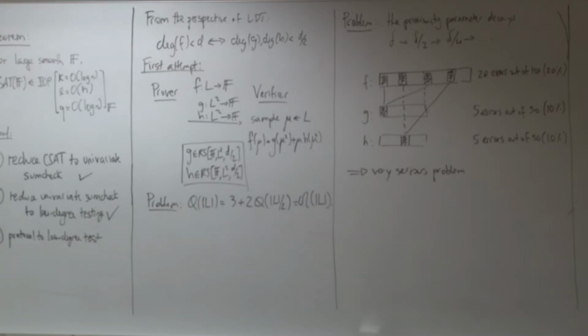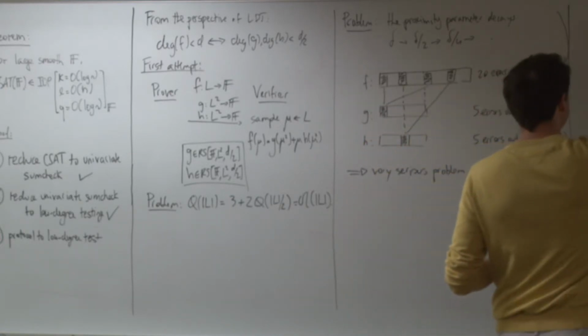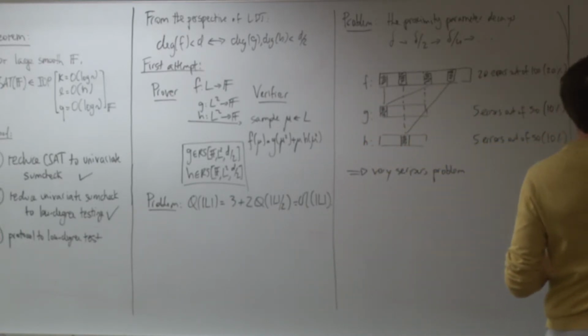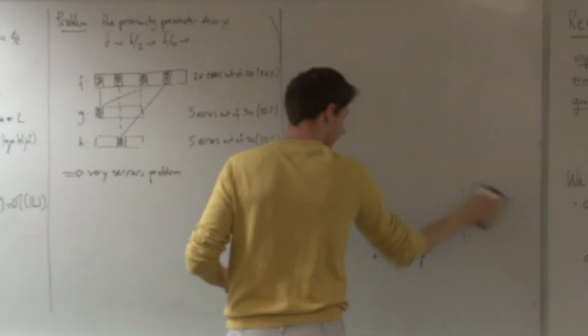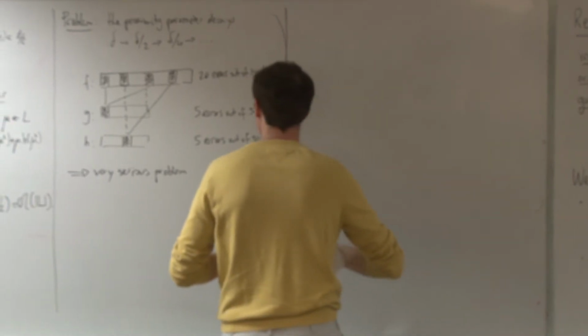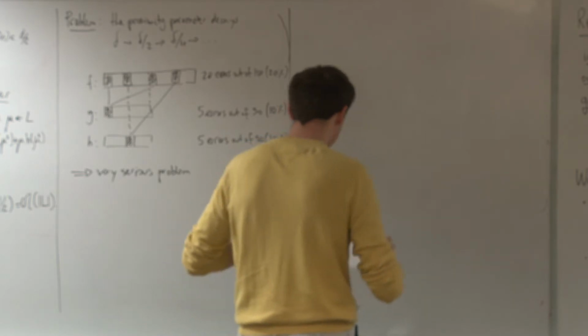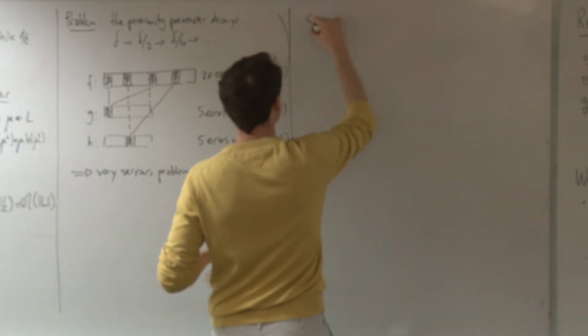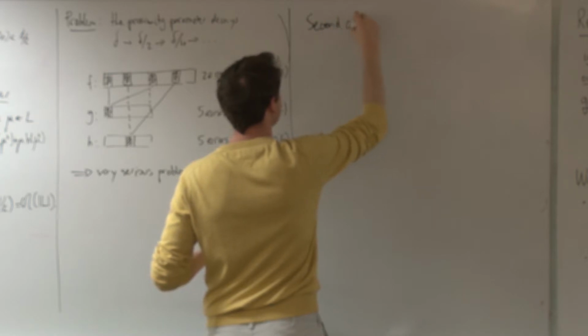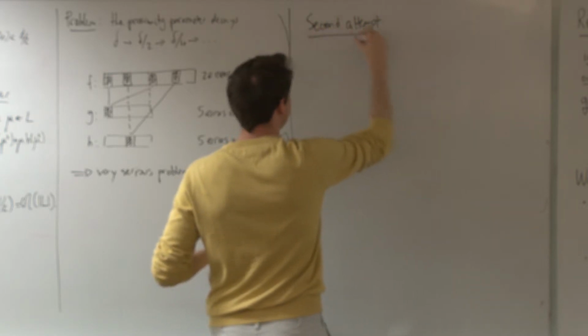So our second attempt is going to attempt to deal with both problems together. The second attempt we can call random folding.